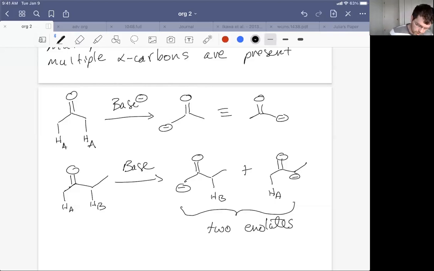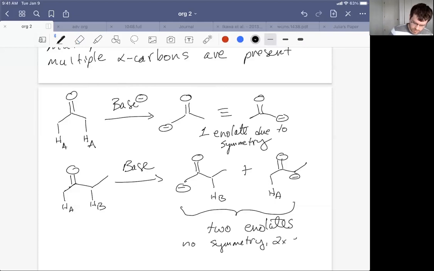Okay, so we have one enolate due to symmetry. Then we have no symmetry, so we have 2 enolates that can be formed.